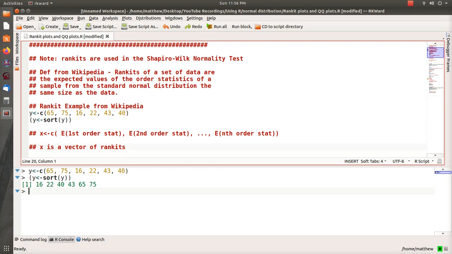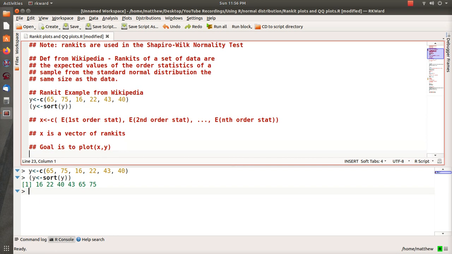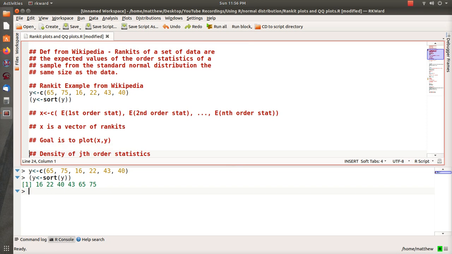The x vector are called the rankits. It's a vector of rankits. It's the mean of the order statistics. And again, our goal is to plot x versus y, and it should be a straight line.